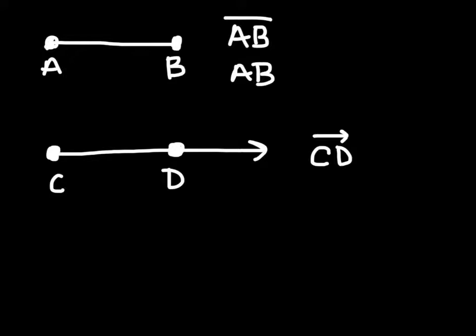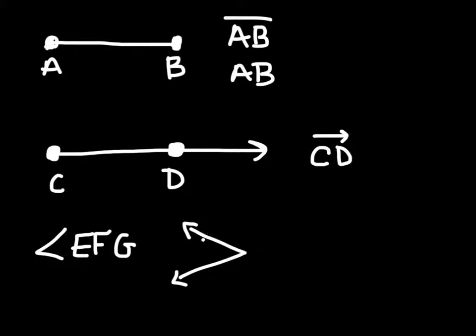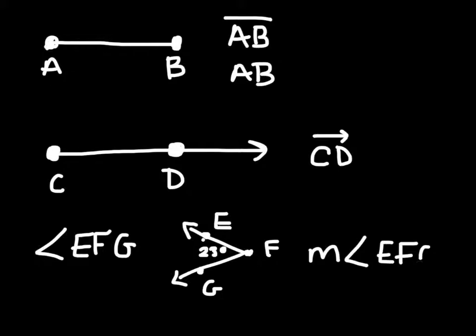and then a small arrow on the line above. Finally, you would note an angle by putting this symbol in front of your set of points. So if our angle looks like this, with these points, E, F, and G, the angle would be indicated by angle EFG, and the measure of the angle, which here is 23 degrees, you would write as M angle EFG.